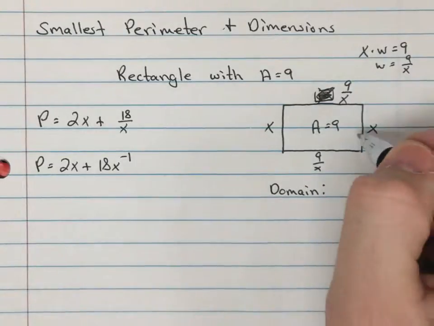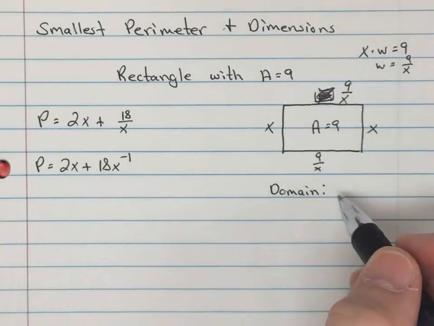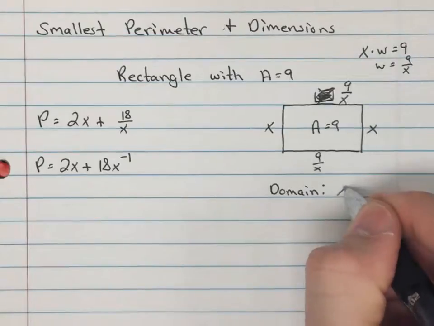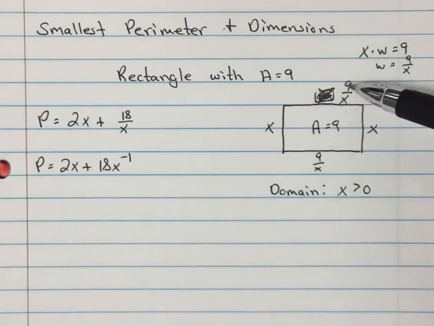And I do know this, since x is a side length, the domain, I do know that x has to be greater than 0. It's not greater than or equal to. Now the question is, could x be something like 100? Can I do 9 divided by 100? Sure.